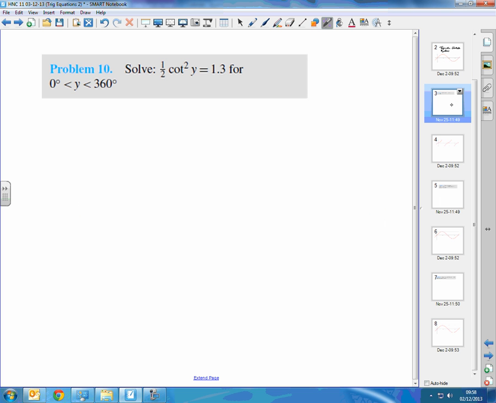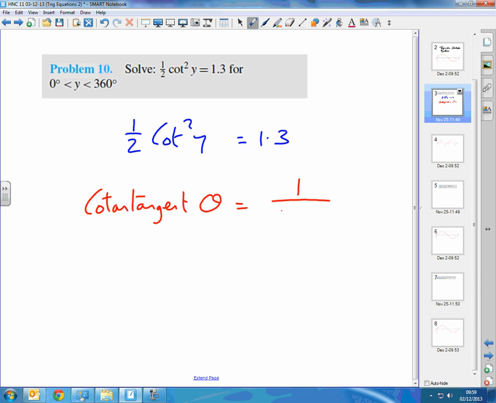So you're going to focus on that area and come up with solutions for these equations within that region. So the first example, solve this. If we look at it, like any equation, half cot squared y equals 1.3, we try and get y on its own. Remember too that the cotangent, or cot for short, is 1 over the tangent of theta.